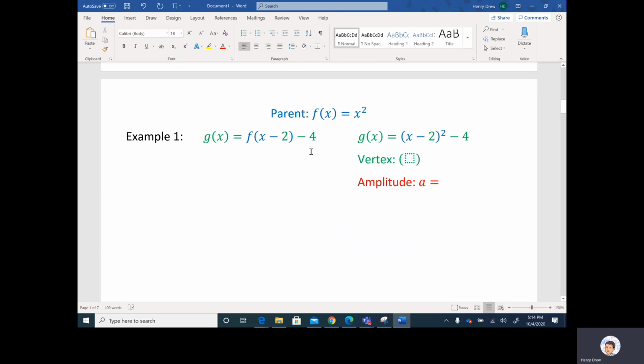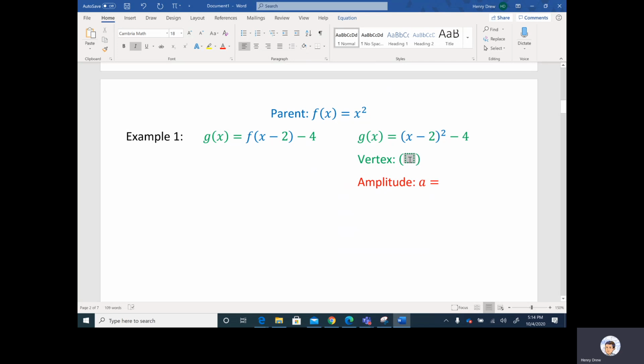If you can see how that's written on the left-hand side, the f of x could be any parent function. In future chapters, we'll be dealing with other types of functions. If we apply it specifically to the function that we have, then we can look over to the right and see that it's x minus 2 all squared minus 4.